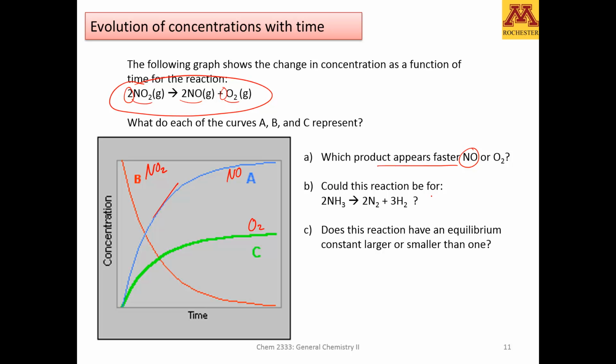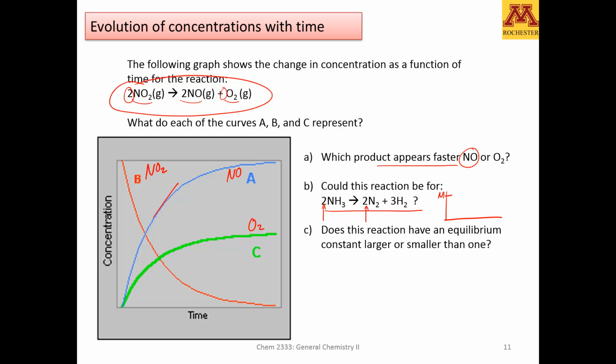Now, could this reaction be the decomposition of ammonia? Well, the rate of disappearance of one of the reactants has to be equivalent to the rate of appearance of some products.